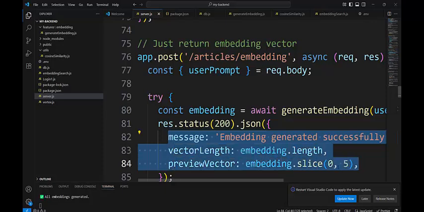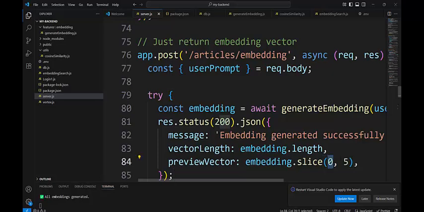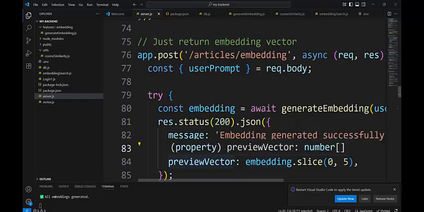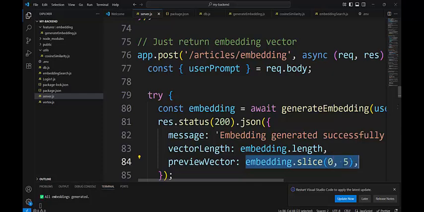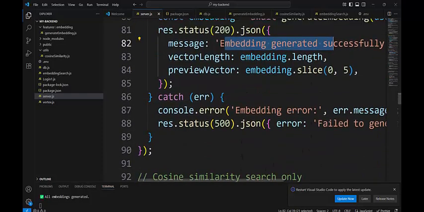Here we see 5 numbers of the embedding vector out of 1536, the embedding length, and a preview of the vector, an array with 5 members. And we see this message. That is all.